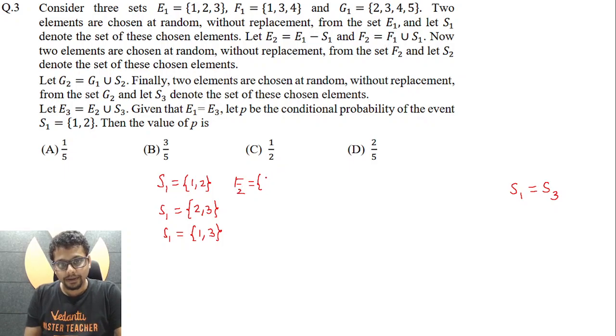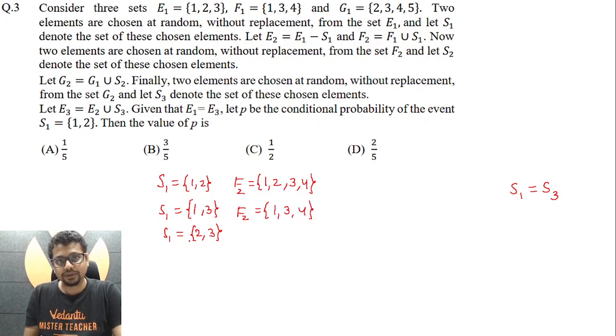F2 would become a set having 4 elements, {1, 2, 3, 4}. When S1 is {1, 3}, F2 would become, since F2 is F1 union S1, {1, 3, 4}. And when S1 is {2, 3}, F2 would become {1, 2, 3, 4}.